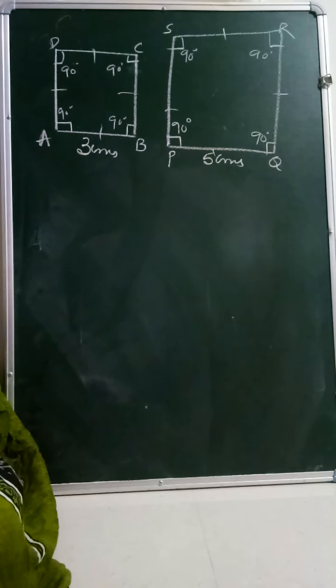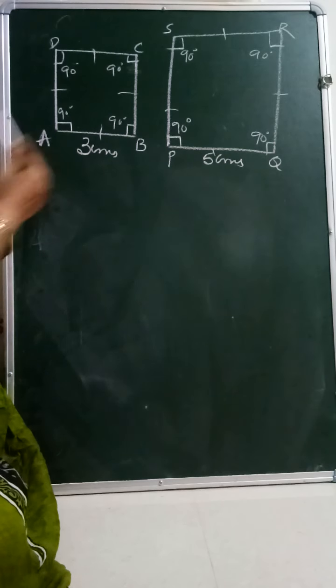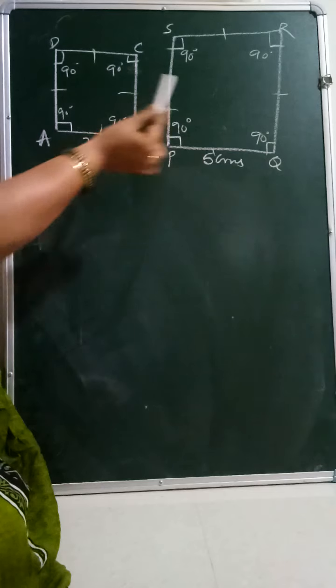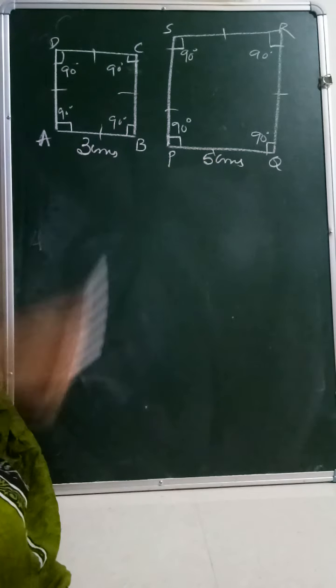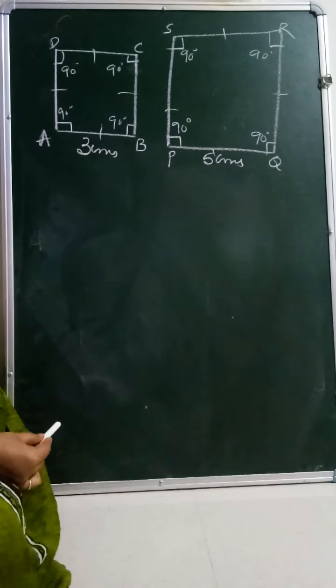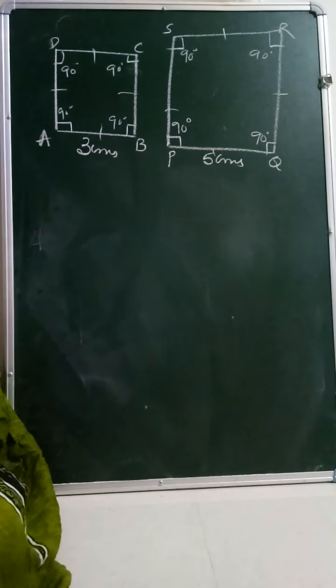Angle A, its corresponding angle is angle P. Angle B, its corresponding angle is Q. Angle C, corresponding angle is R. And angle D, its corresponding angle is S.